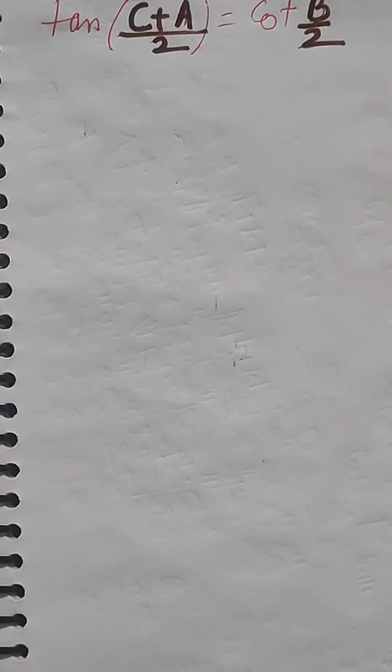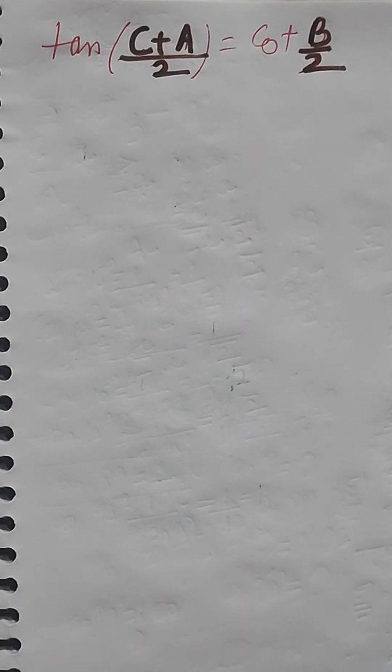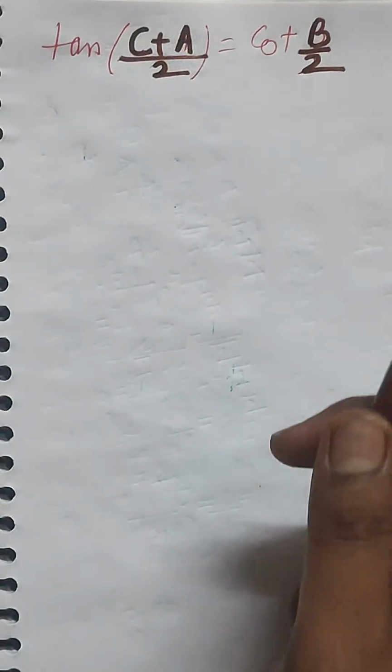So basically it's given that a, b, c are the interior angles of a triangle. Then in this case we need to prove that tan (c plus a) by 2 equals cot b by 2.